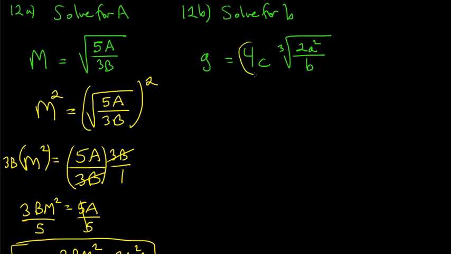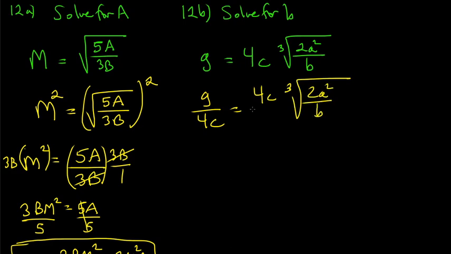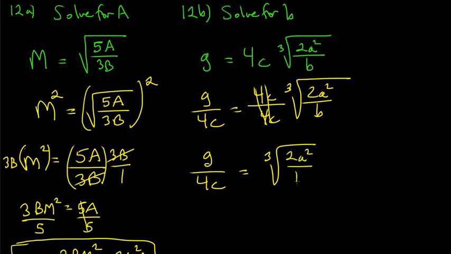Or notice the 4c is not under the cube root, so I would divide both sides by 4c first. You don't have to, but I think it makes sense to cancel the 4c's on the right. So we have g over 4c on the left. It's equal to the cube root of 2a squared over b on the right.